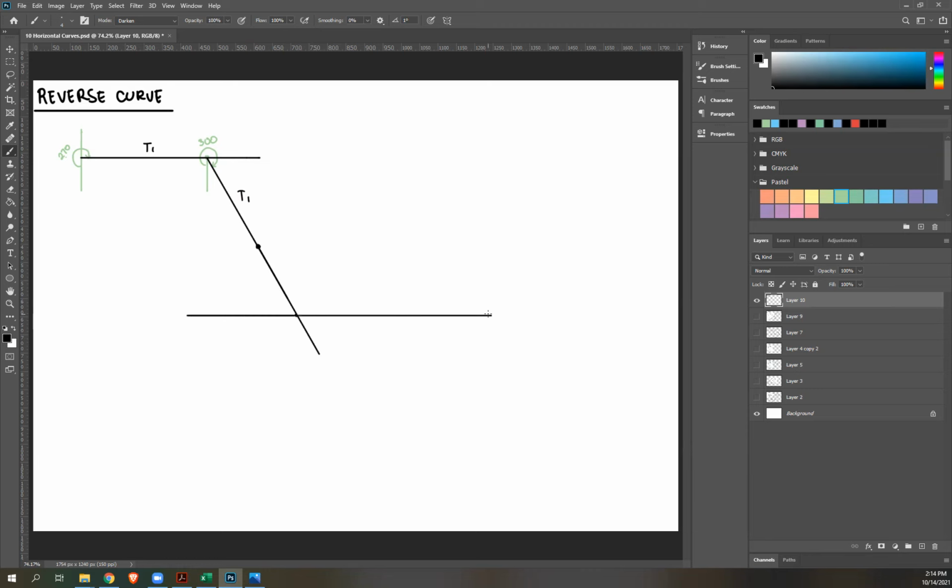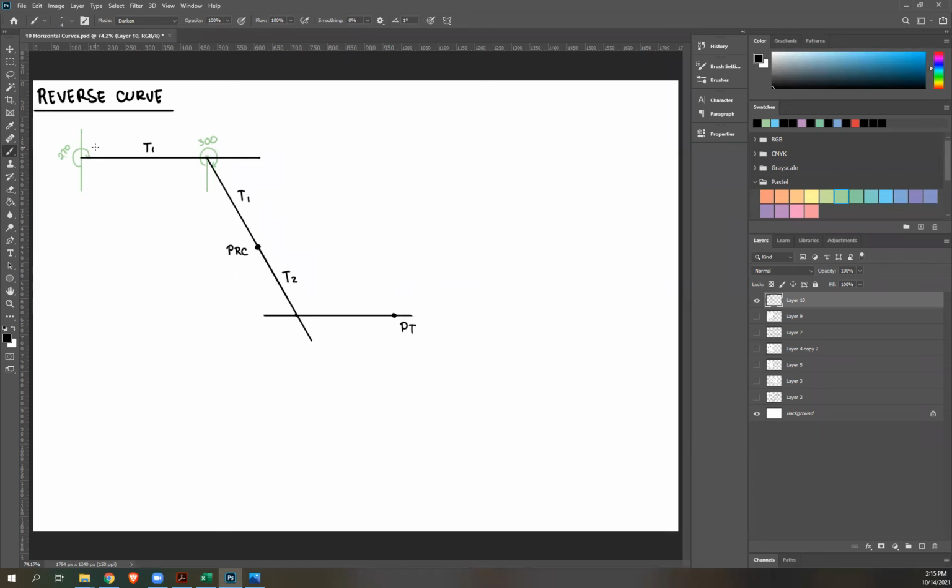So like that. And then this is my T2. So measure out roughly the same length on the other side. So maybe somewhere here. And that point is the end of your reverse curve, PT. And this is your PRC. Okay? So those are the tangents of your curve.